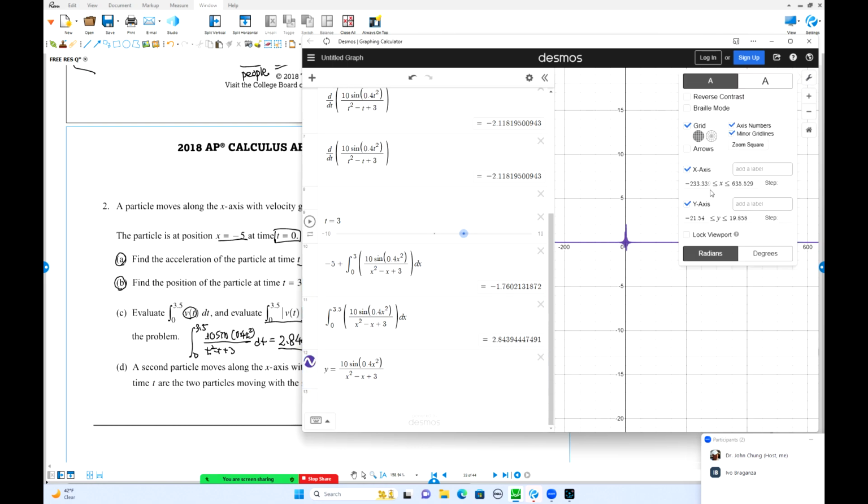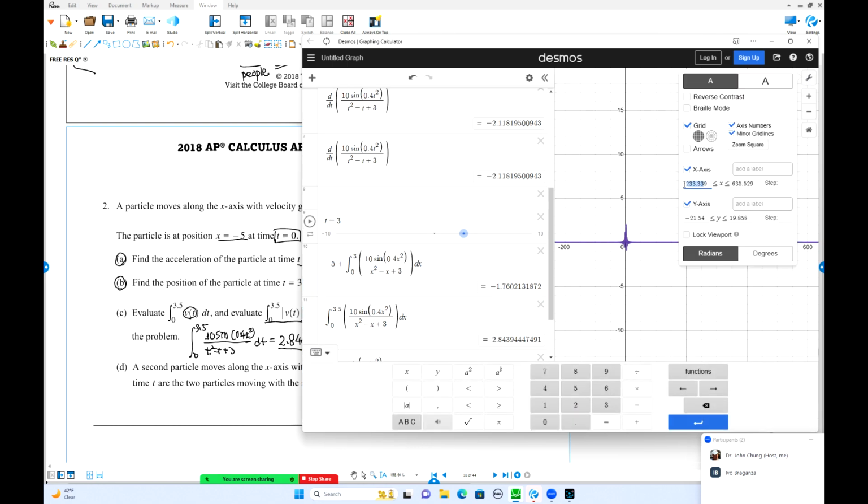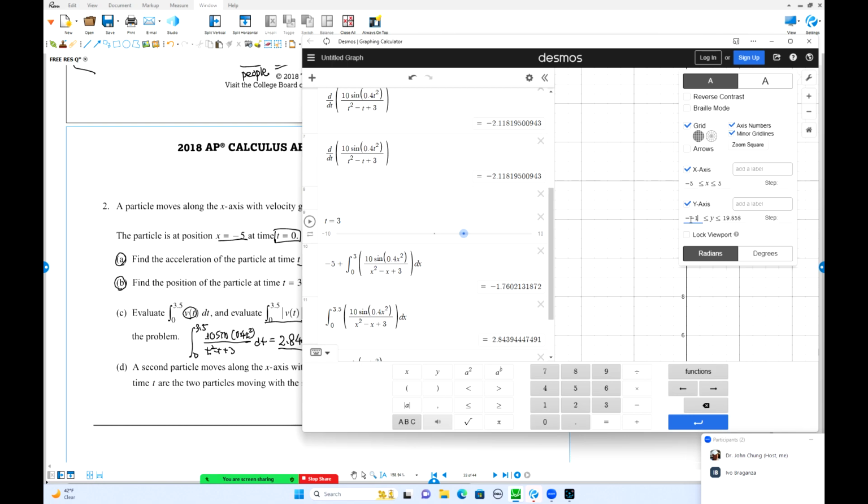Zero to 3, that's 2 bucks. This was a negative 5, 2, 5. That is negative 10 to positive.